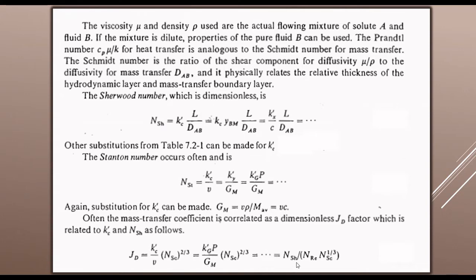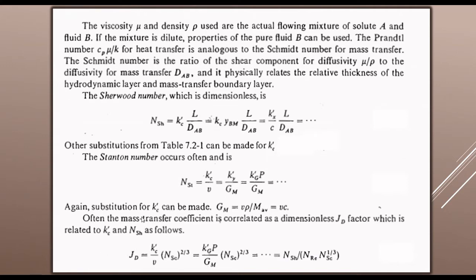You have the appearance of the Sherwood number here, and here you have the Schmidt number. In here, you have actually three dimensionless numbers: the Sherwood, the Reynolds number, and the Schmidt number. So this is what we call the J_D factor, dimensionless also, that relates the other dimensionless numbers to one another. So this is how they are related.